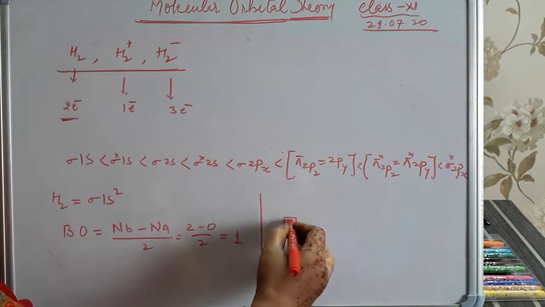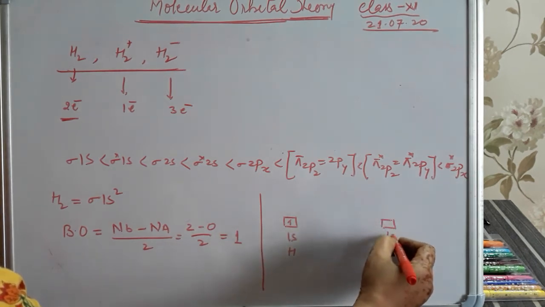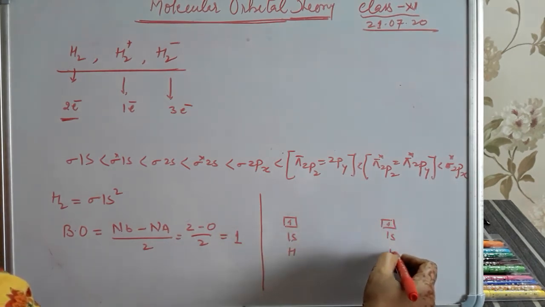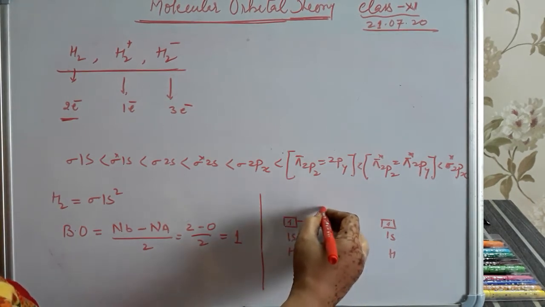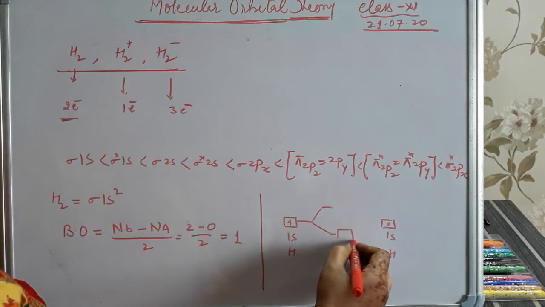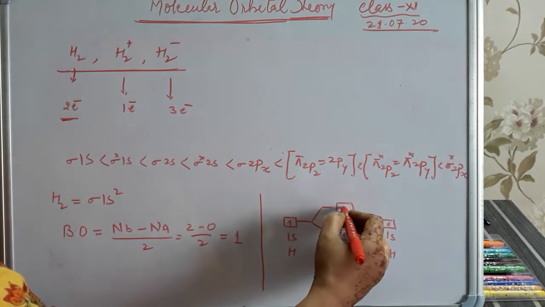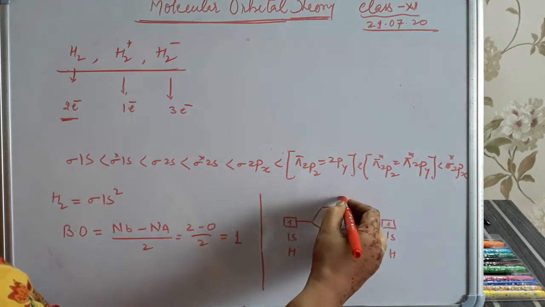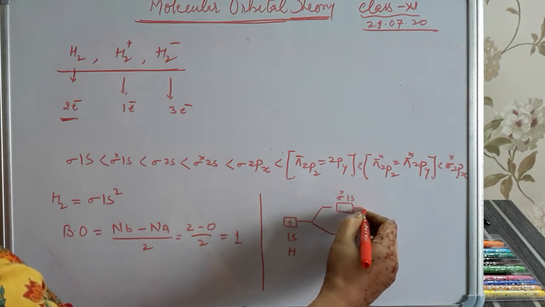Representation of this: 1s hydrogen and 1s hydrogen atomic orbitals, when combined, form 2 molecular orbitals, one sigma 1s and another anti-bonding sigma 1s.